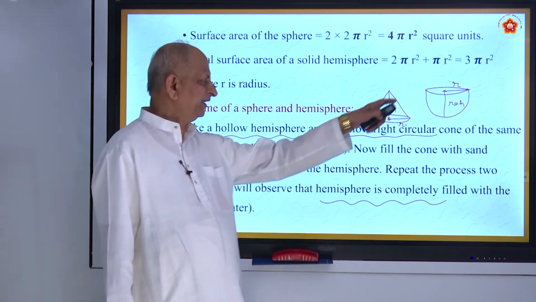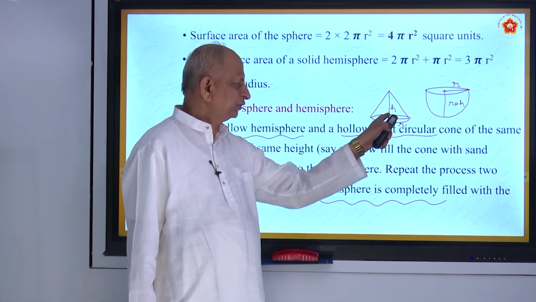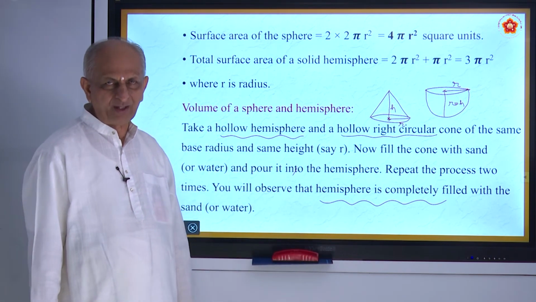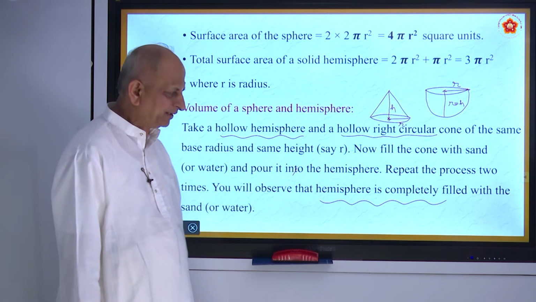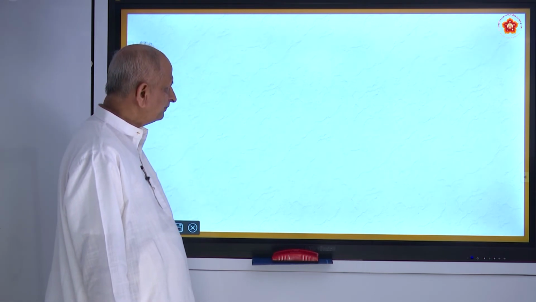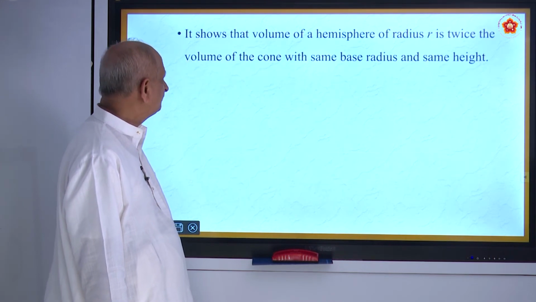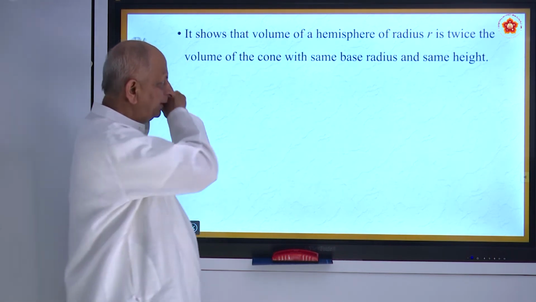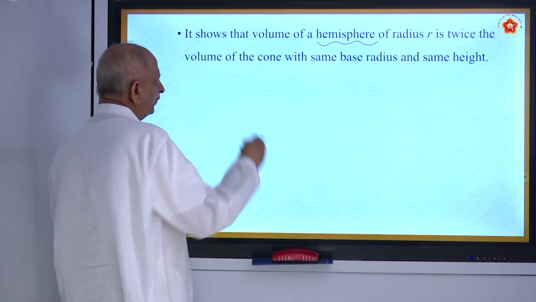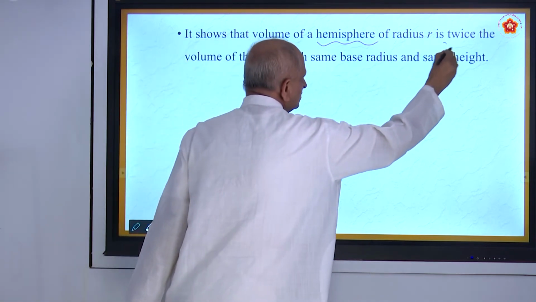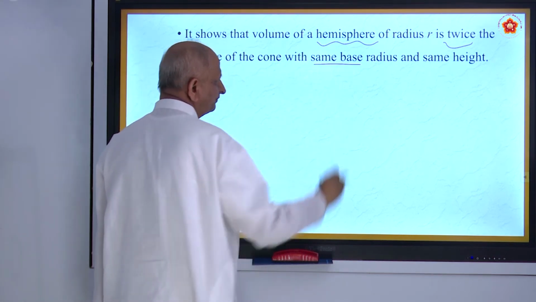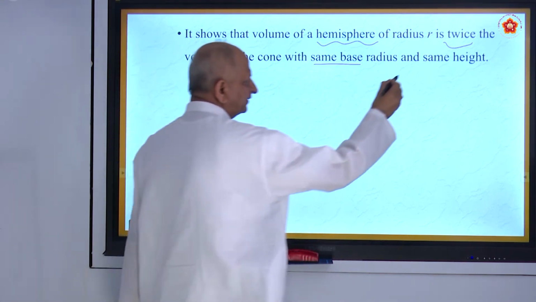So to fill up the hemisphere, you have to put 2 cones full of sand or water or milk or any liquid for that matter. Followed? So by this what you can make out? We can find the volume. It shows that the volume of a hemisphere of radius R is twice the volume of the cone with the same base and same height.